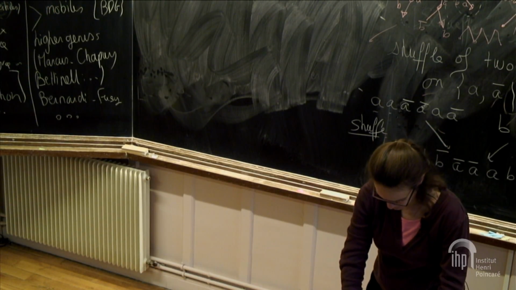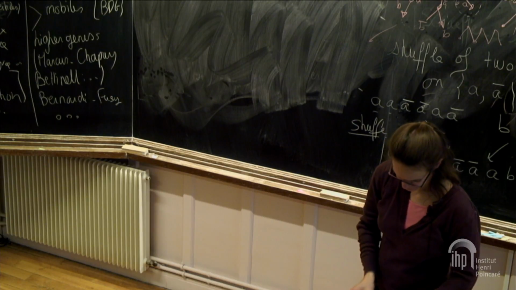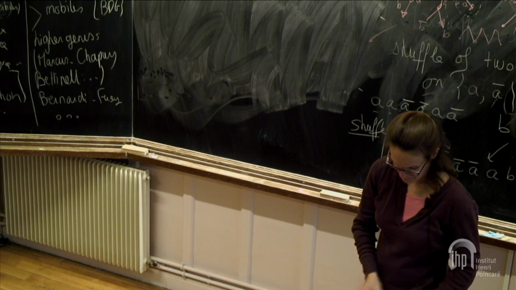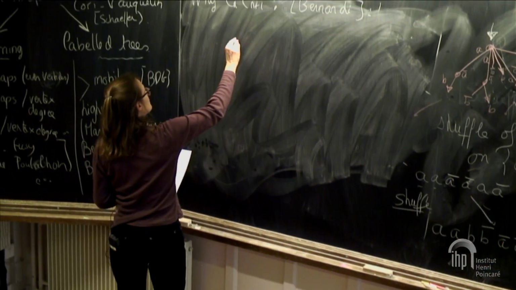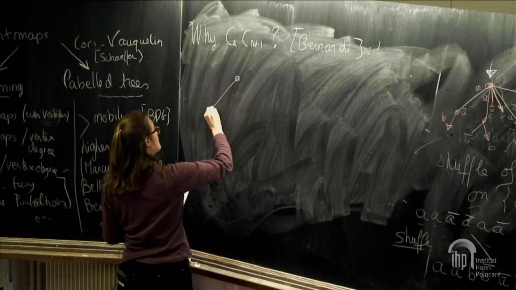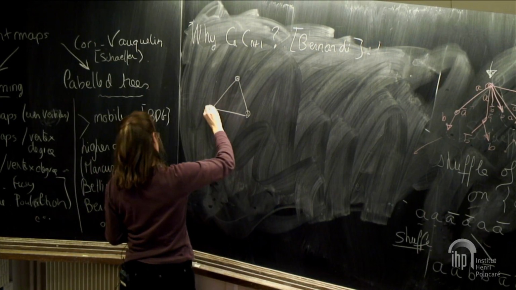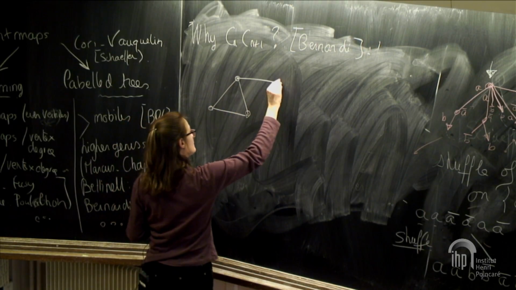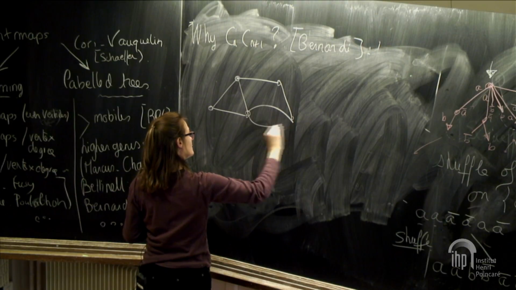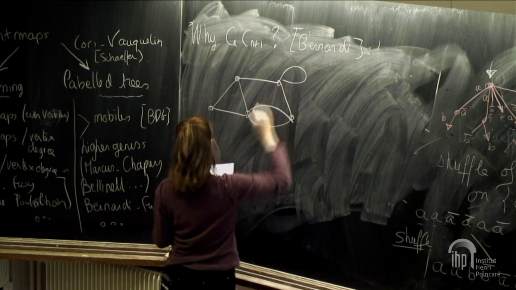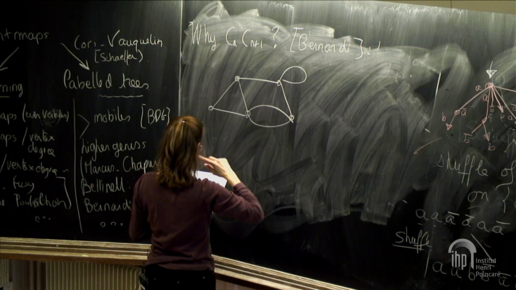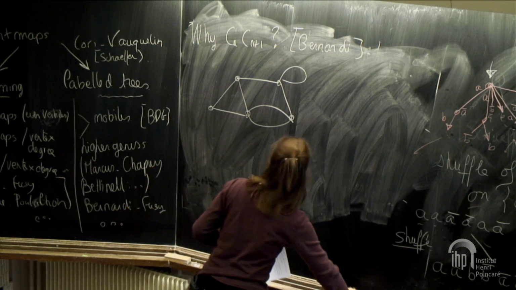I will copy my example. So remember, n is the number of edges. So here's my example. I have a map. I have a loop. And the spanning tree.